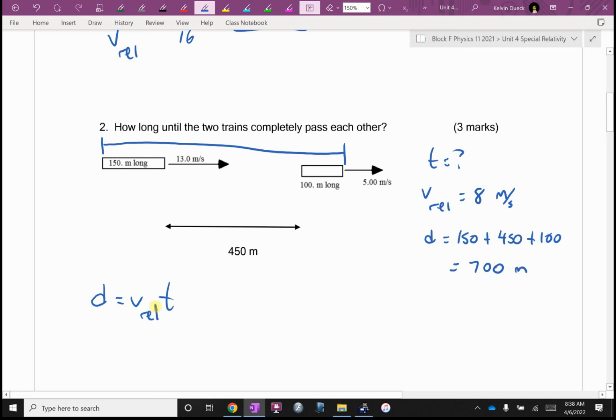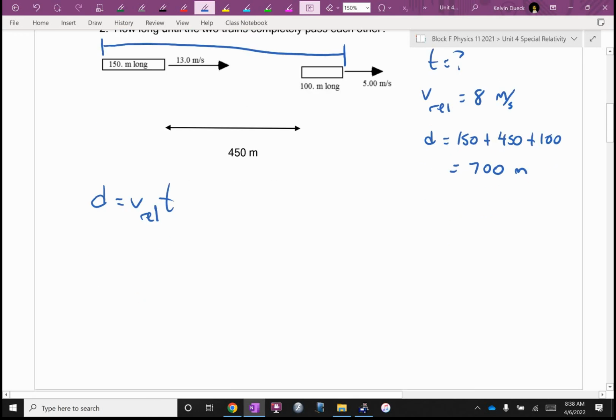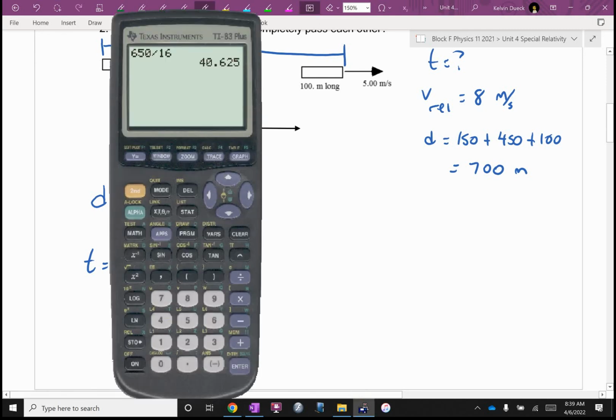And now it's the same question as it was before. I'm going to get the T by itself. It's going to be 700 divided by 8. And I get 87.5.